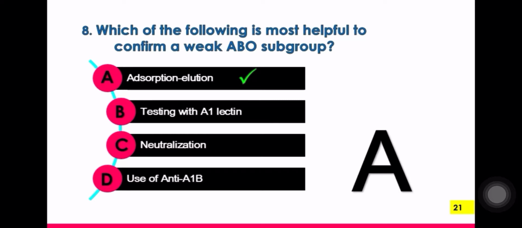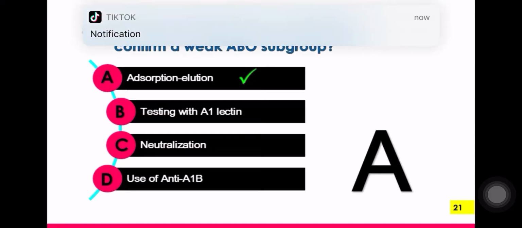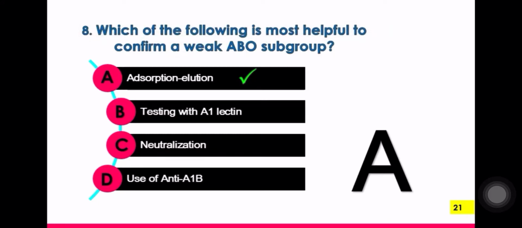Adsorption and elution techniques are used to detect ABO antigens that are not detectable by direct agglutination. Adsorption is the removal of antibody from the serum. This is done by combining a serum sample with RBCs under optimal conditions. After the antibody attaches to the membrane-bound antigens, and the serum and the cells are separated, only the specific antibody attached to the red cells is left.